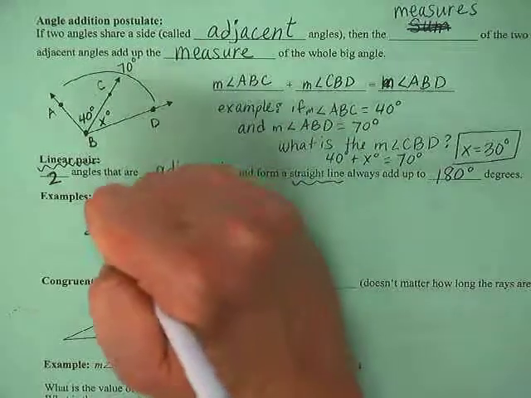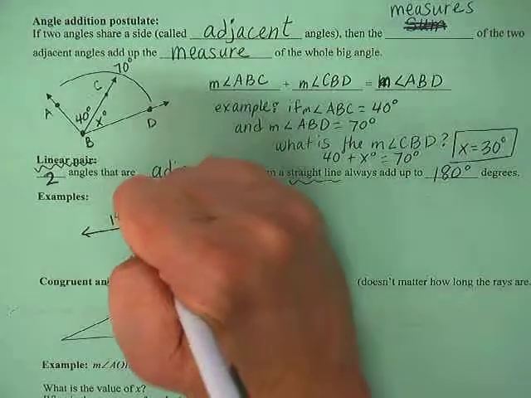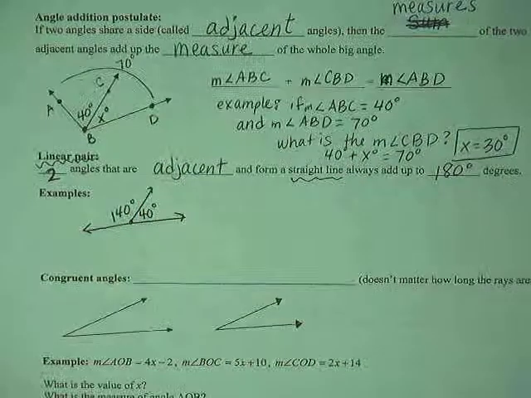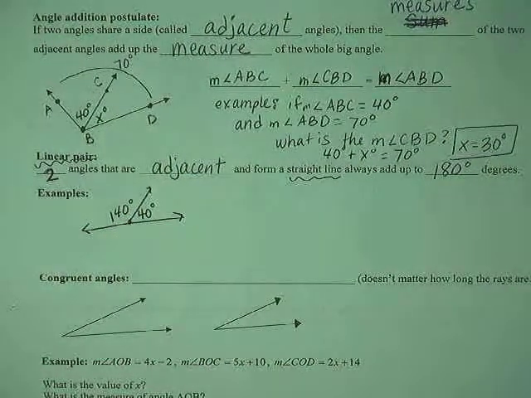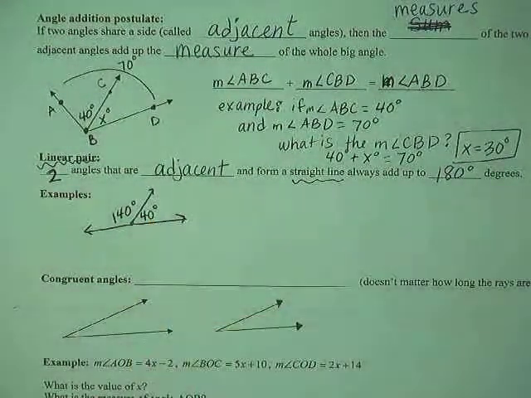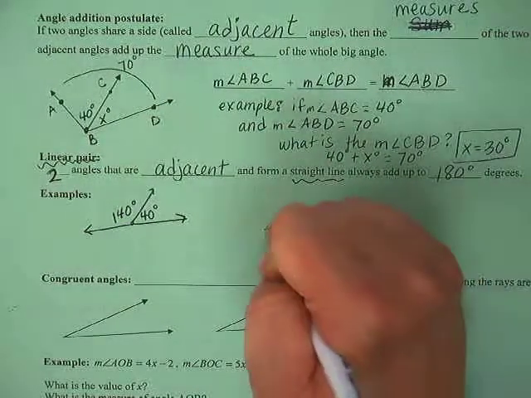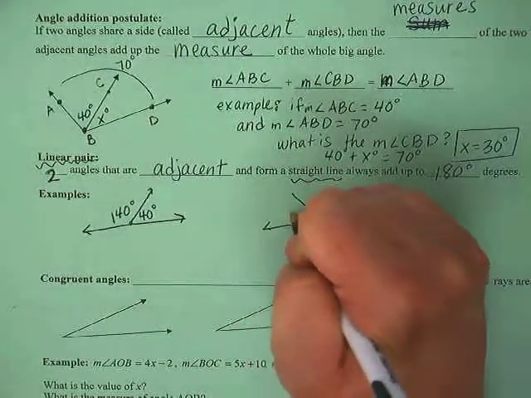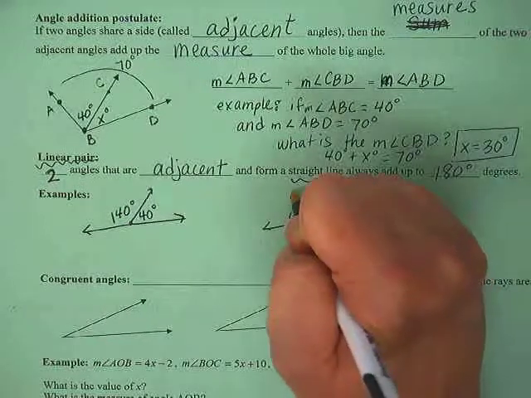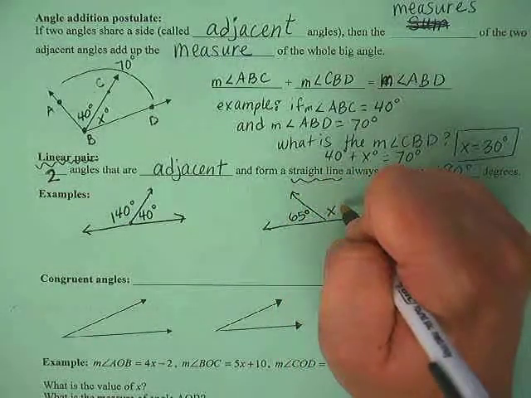Let's look at some examples. There's a straight angle. Now I'm going to split it into two angles. If that angle is 140 and that angle is 40, is that a linear pair? Yes, it is. What does that linear pair, what do the two angles add up to? 180 degrees. Let's do another one, and this time we're going to solve something.